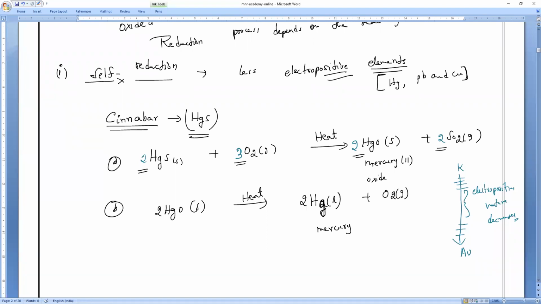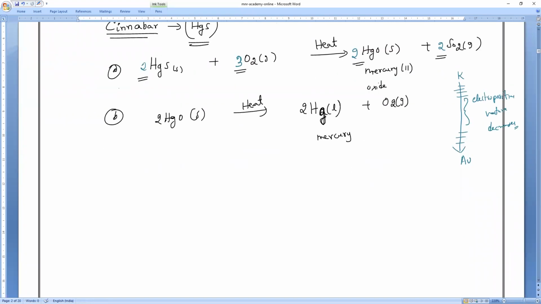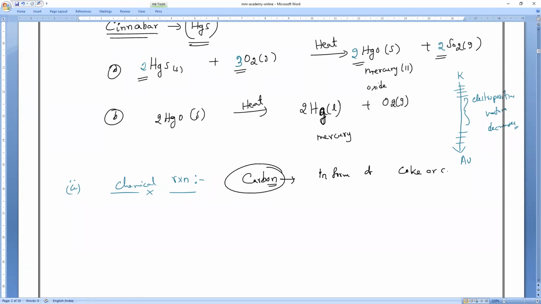Okay. So now the second process, chemical reduction. One is self-reduction, the second process is chemical reduction. Here, under the chemical reaction, definitely we need to use reducing agents. The best reducing agent we prefer is carbon, but carbon in the form of coke or coal.